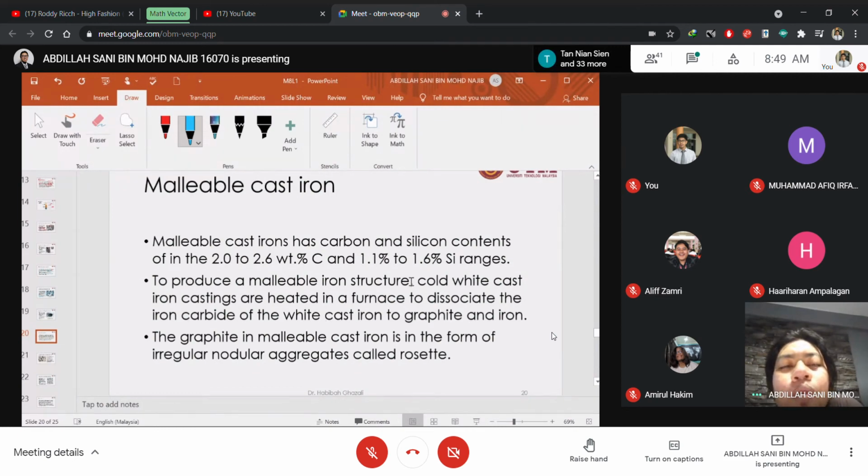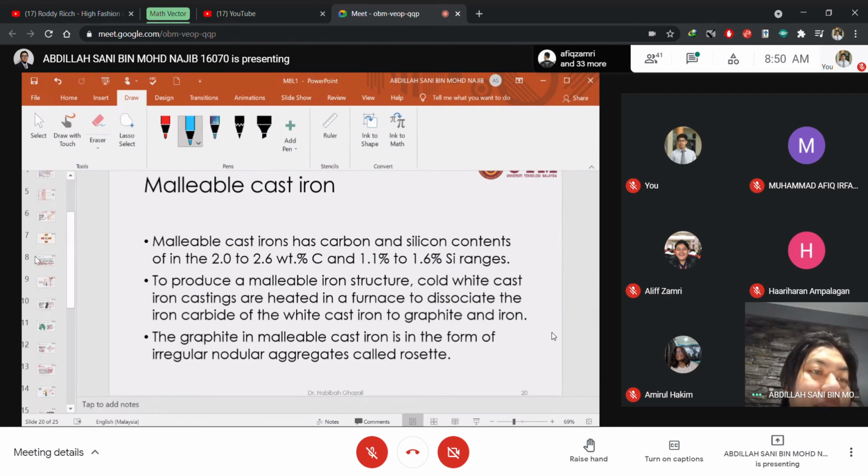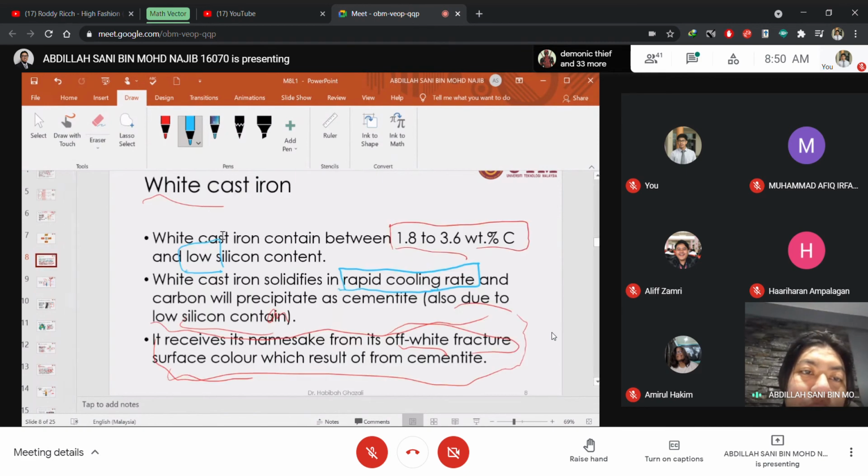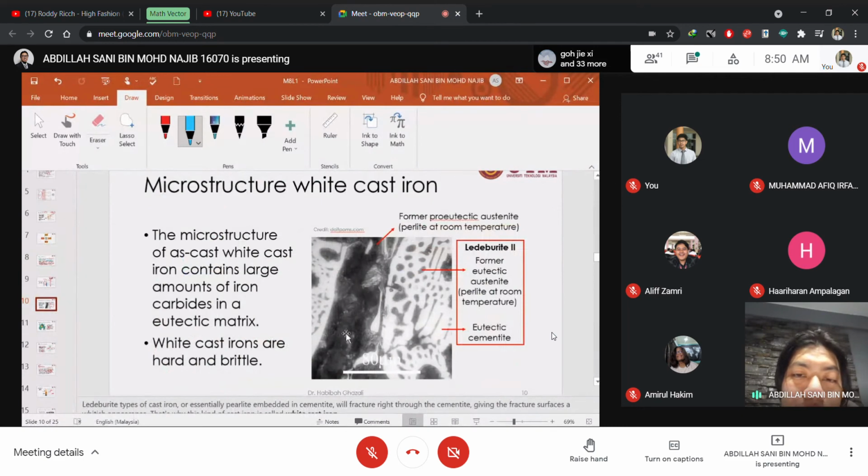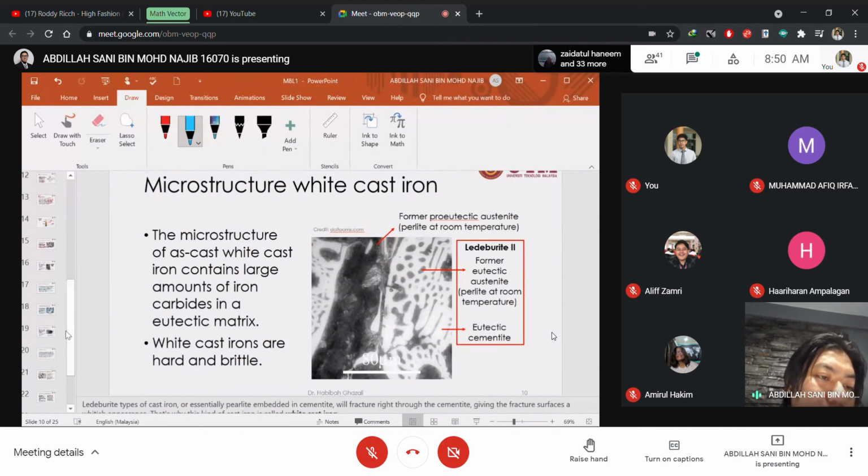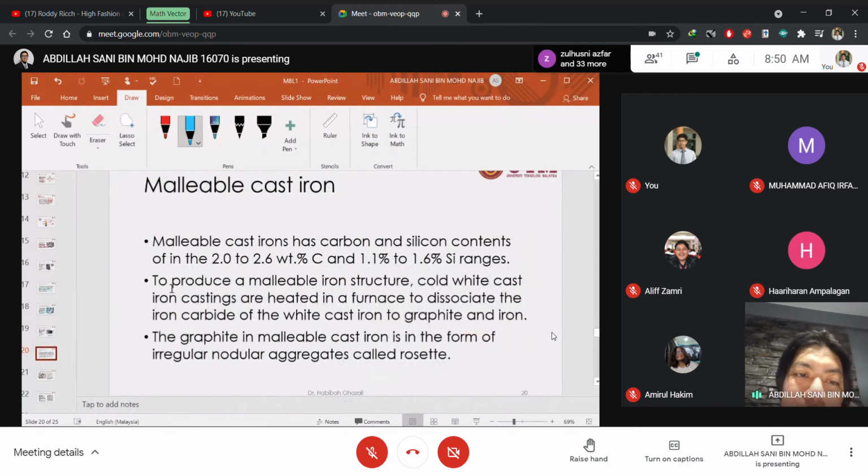So to produce malleable cast iron, we start with cold white cast iron, which has already solidified and cooled off.